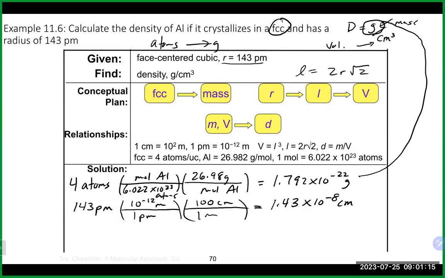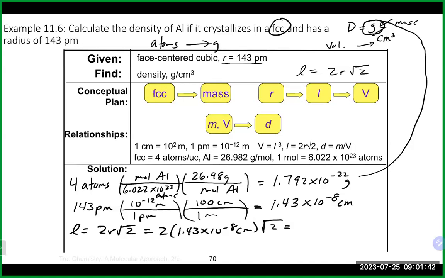Now, just to be clear, I really haven't calculated anything other than change the units, right? So now that I have it in centimeters, I actually want to calculate the length. So the length here will equal 2 times r times the square root of 2, which means 2 times 1.43 times 10 to the minus 8 centimeters, times the square root of 2.